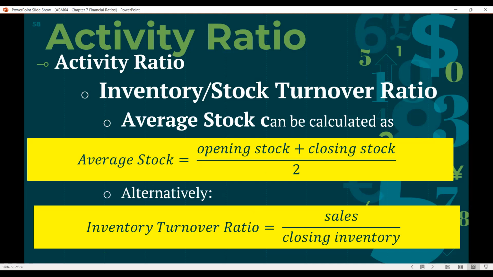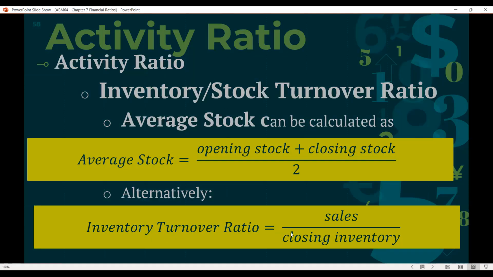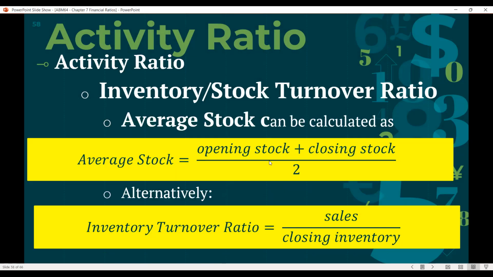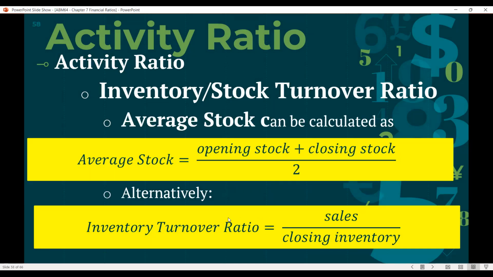So you may use either one of these calculations: inventory turnover ratio, cost of goods sold over average stocks, in which you can calculate the average stock by this formula. So imo rang i-add ang opening ug closing stocks, then i-divide it by 2. Then you can get the inventory turnover ratio as sales over closing inventory. So you can use this one or this one. So naa ra sa duha.